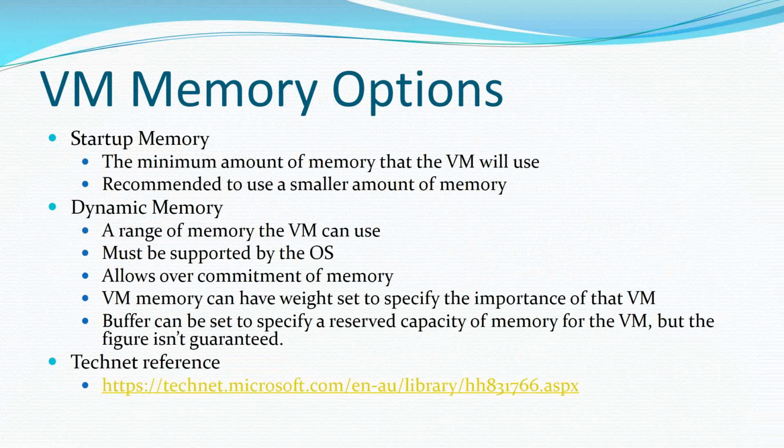So if there's a big spike really quickly, it doesn't need to wait for the Hyper-V server to say, oh yes, you need some, here you go. It's got that buffer. Now, a buffer isn't guaranteed. As contention builds in your environment, you might have a 20% buffer set, but it may only have 5% actually allocated to it.